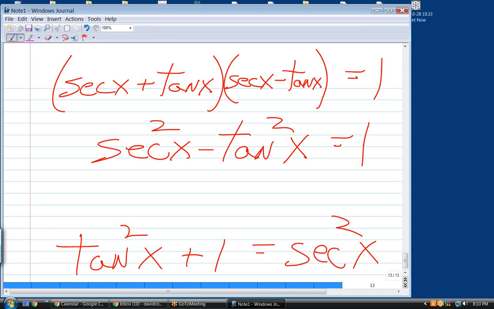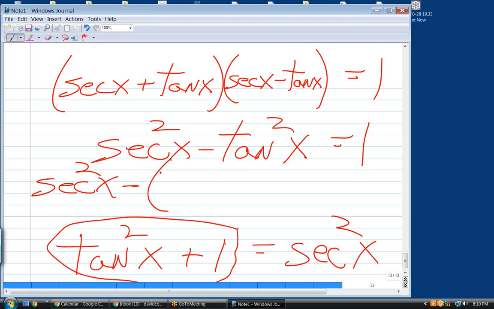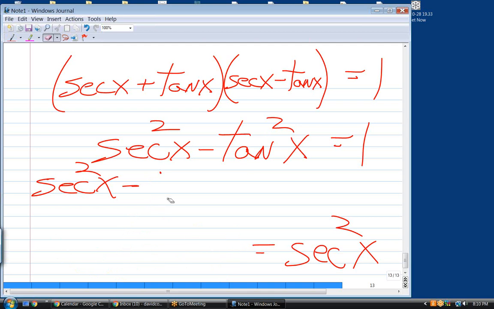I guess I can make it look a little prettier by doing this. Secant squared of x minus, and instead of tan squared of x, I'm going to write that. Whoops, excuse me. In other words, my problem is this explanation to your teacher that you have to give. Okay.